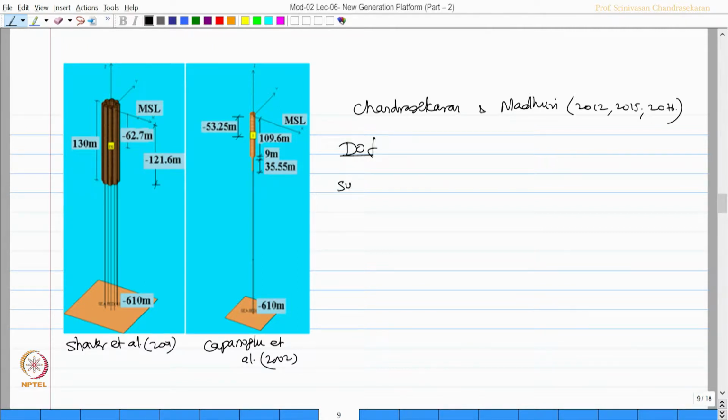in surge and sway. Shaver et al. showed a period of 300.52 seconds.